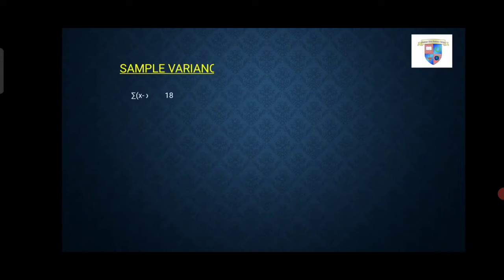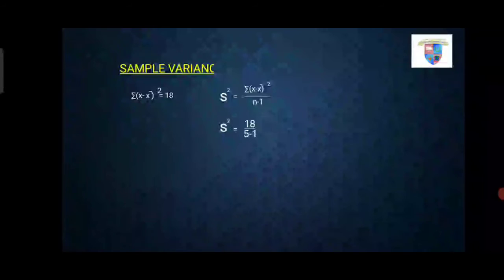So let's move forward to our sample variance. The summation of x minus x bar squared equals 18. So we have here the formula of sample variance: S squared equals summation of x minus x bar squared over n minus 1.